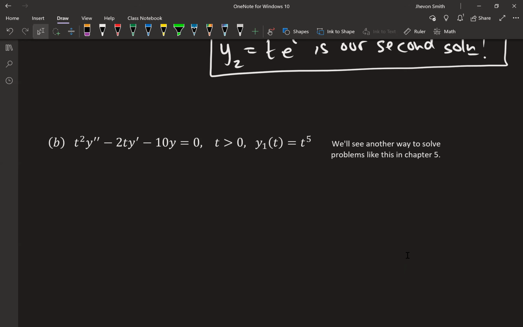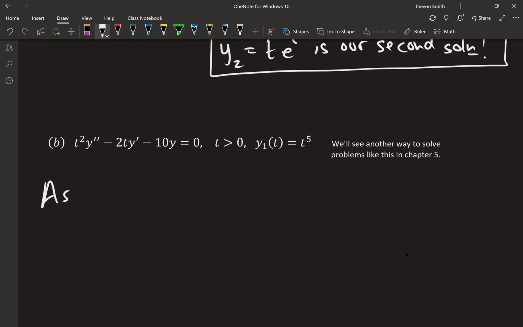My first solution is t to the fifth. You can actually check: find the second derivative of t to the fifth, find the first derivative of t to the fifth, and plug this into the differential equation. You'll realize that you'll get 0. We're actually going to look at how to solve this from scratch in chapter 5, but for now, here's the differential equation, here's one solution, find a second solution.